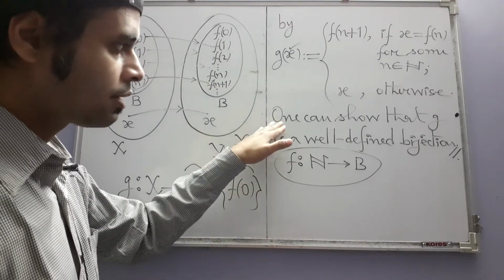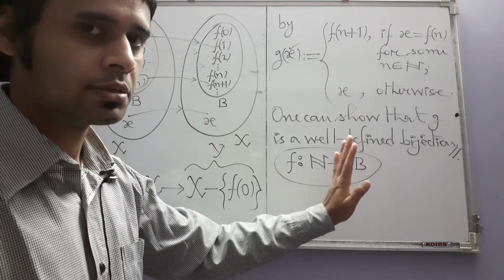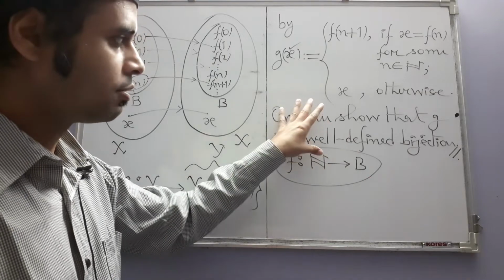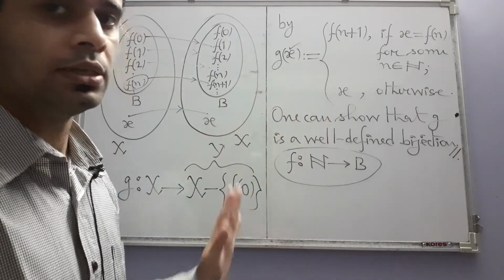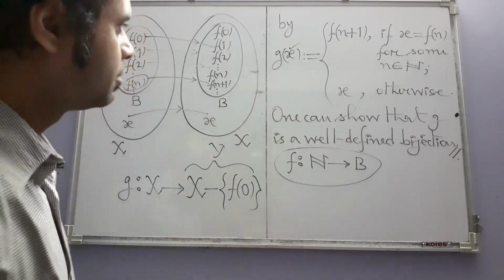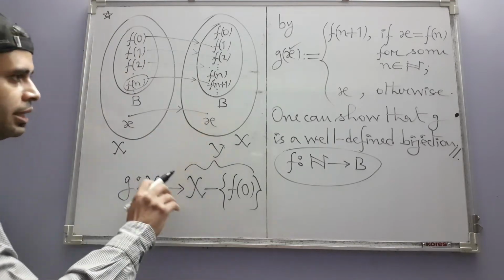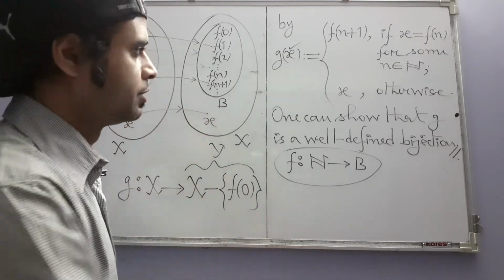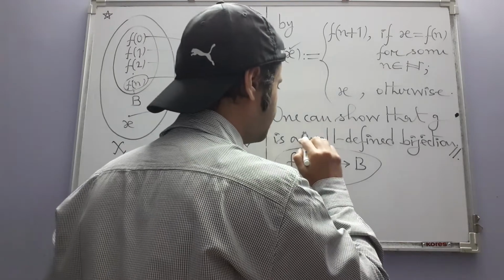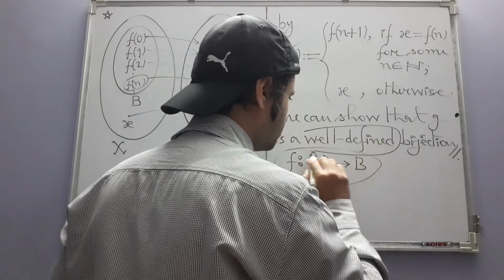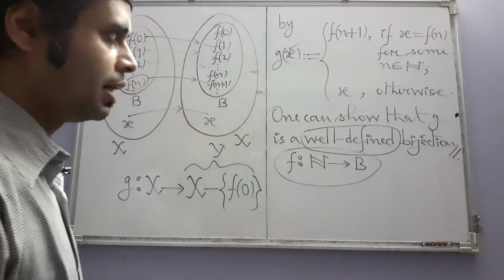Keep in mind, we cannot just simply leave things like this. I am leaving it here only for you to fill in this gap. So you need to show many things here. That's why I deliberately mentioned well defined.